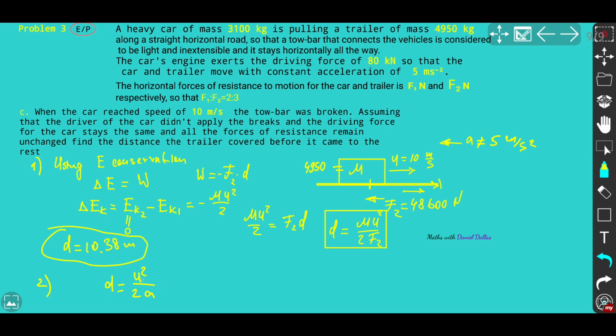So which acceleration do we need to use? Of course, we need to figure it out, and we can also set up Newton's second law, where F2 is the only force, equal to M times a. And if you plug the acceleration a equal to F2 over capital M into the formula, you'll get what you should get: u squared over 2F2 times M. Actually, as you can see, the formula is still the same as you expected to have.